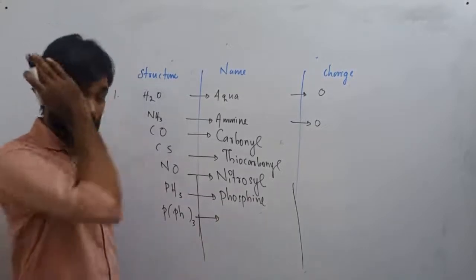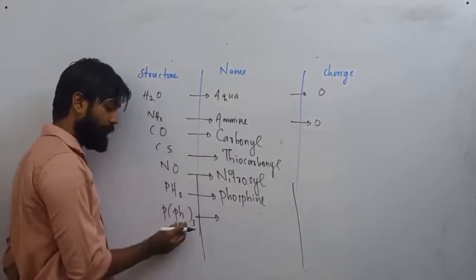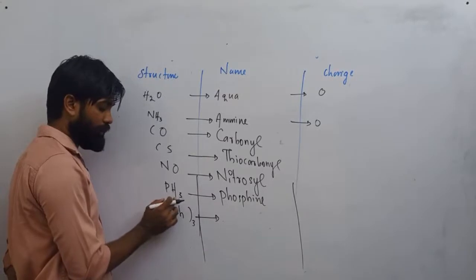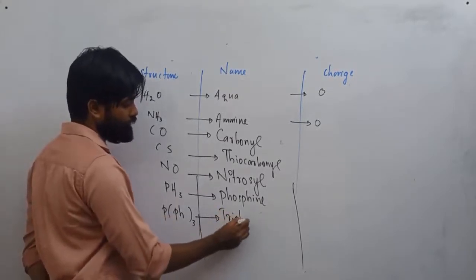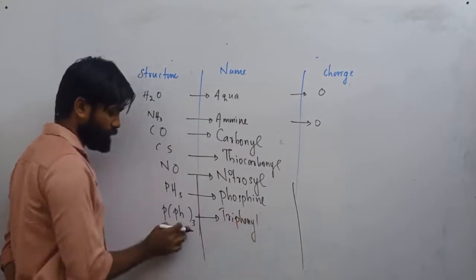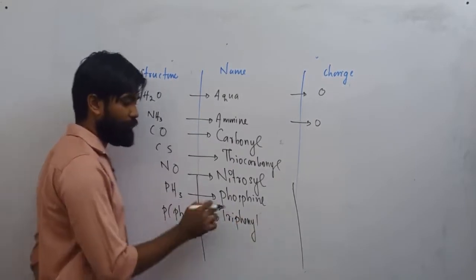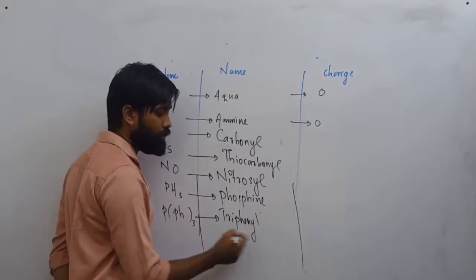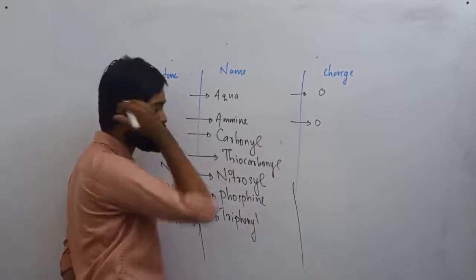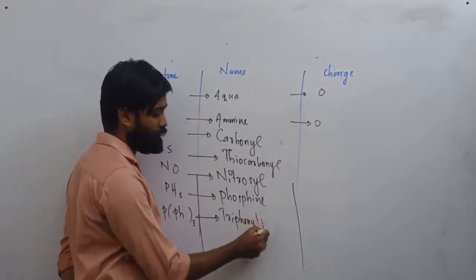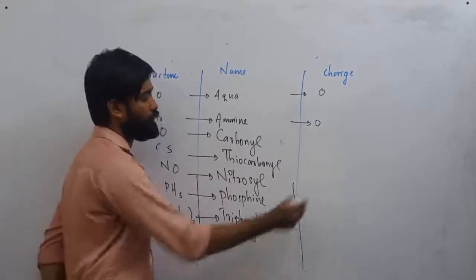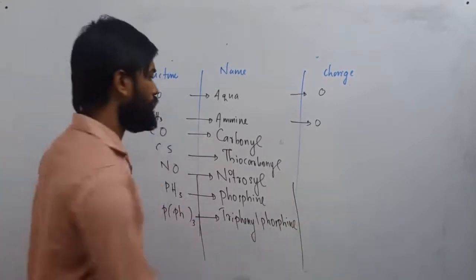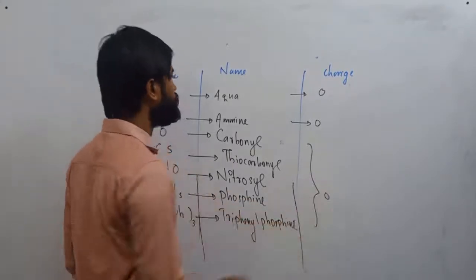PPh3, you know Ph is phenyl, so these 3 hydrogens are replaced by 3 phenyl groups. So this is triphenylphosphine. If there are 3 hydrogens, it is simply phosphine. All these have the same charge, 0.